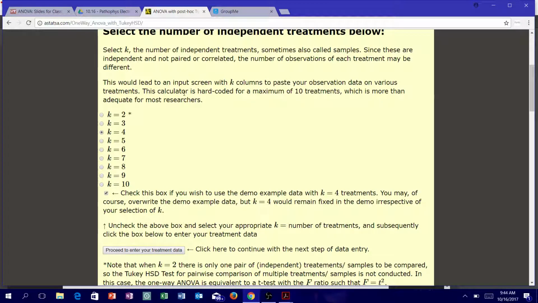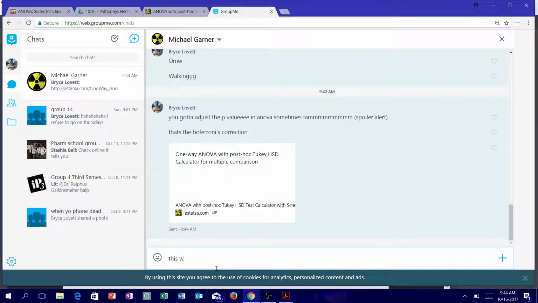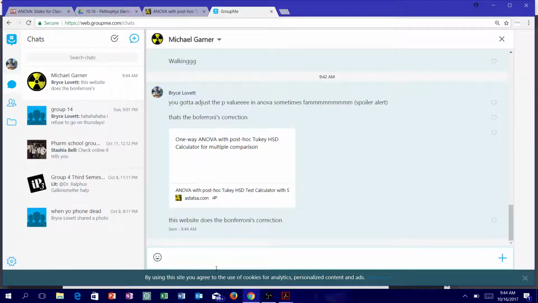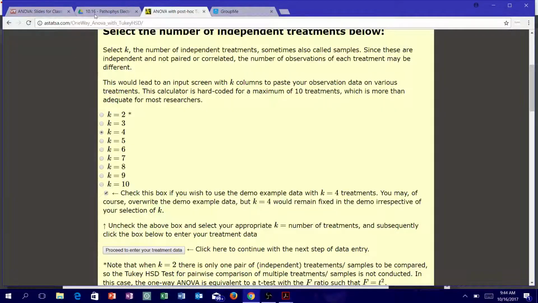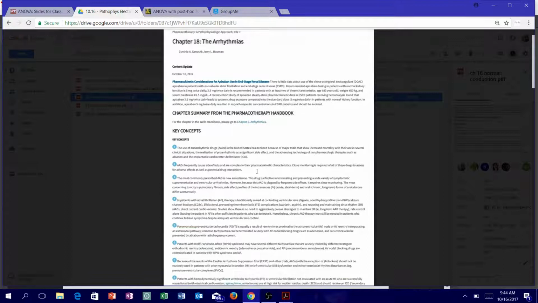How many comparisons do we have? 6, right? So you divide 0.05 by 6, and that's your new alpha level that you're going to use to determine if the difference between the means in two groups is statistically significant or not. So that's the Bonferroni correction method, and we're going to have an example in a minute.